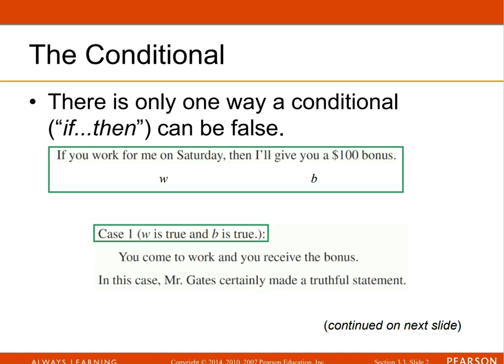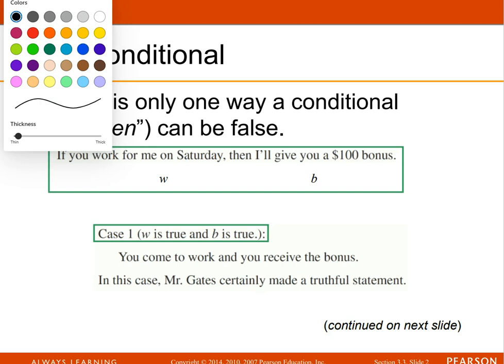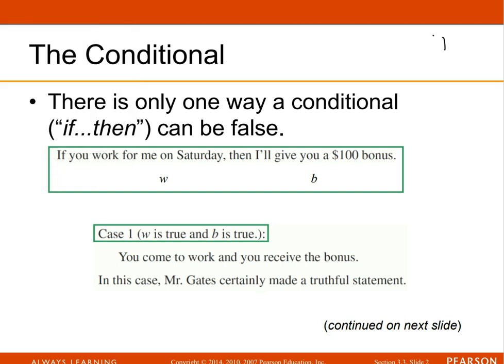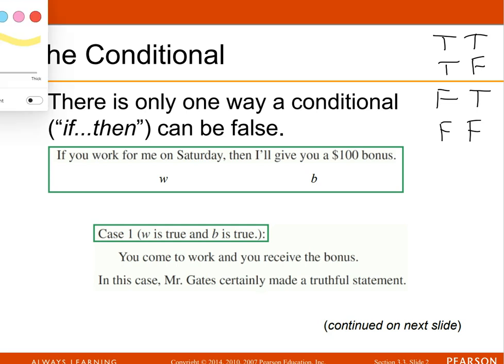And remember that the four cases are: both statements are true; the first is true and the second is false; the first is false and the second is true; or they're both false. So they start with case number 1, which says that both statements are true. So that's this one here, true, true.